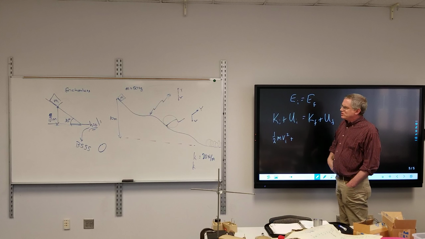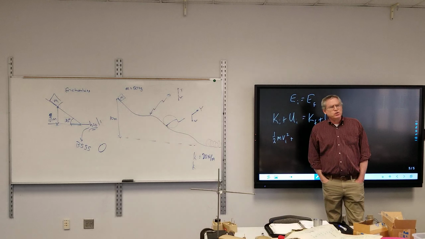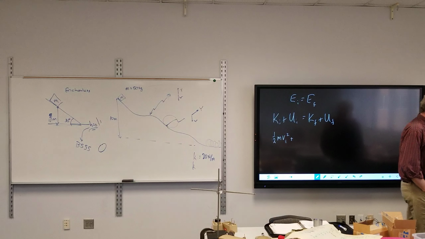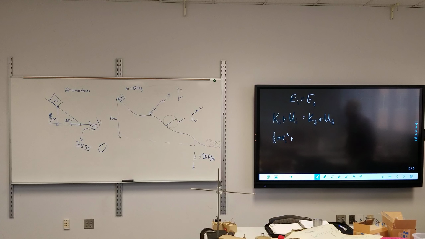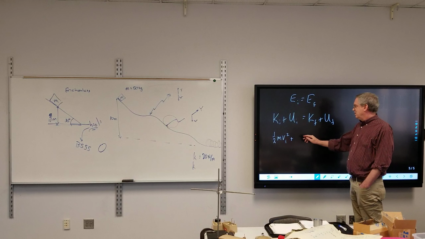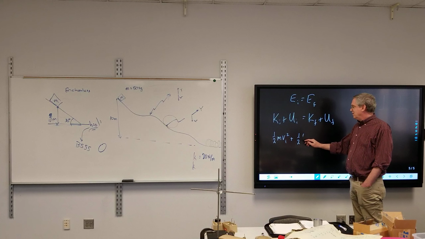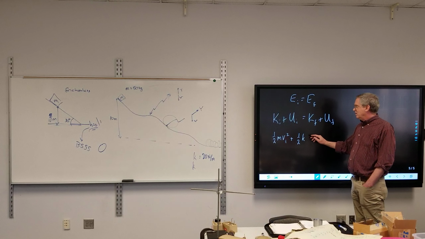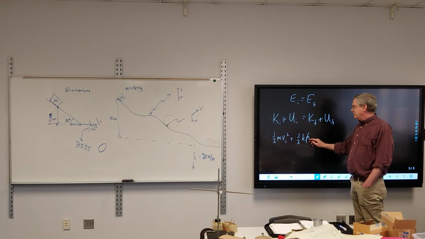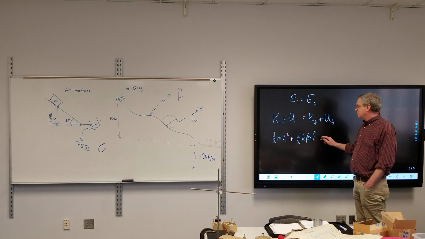What's the formula for potential energy associated with the two conservative forces involved? One of them is 1/2 k times delta x, the displacement from equilibrium, squared.